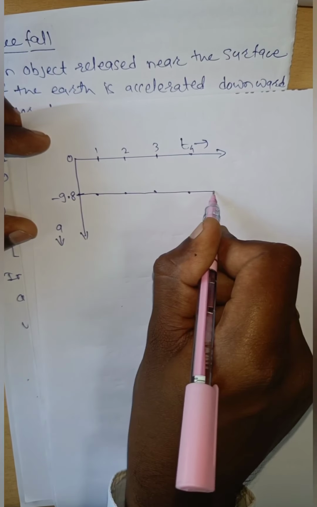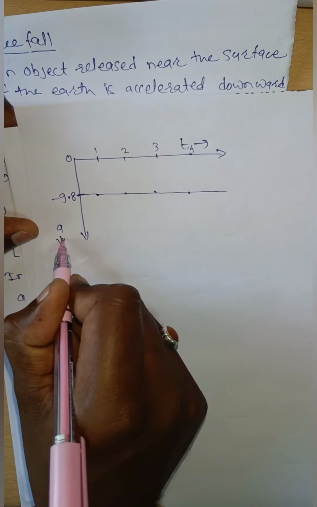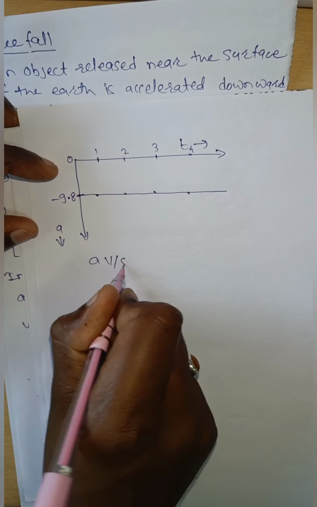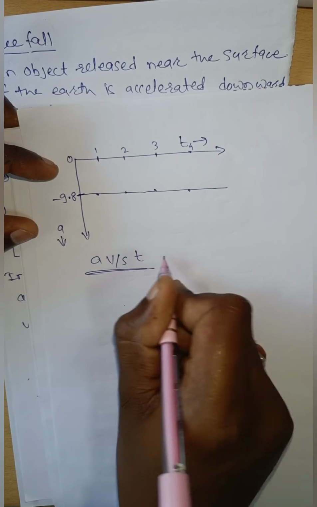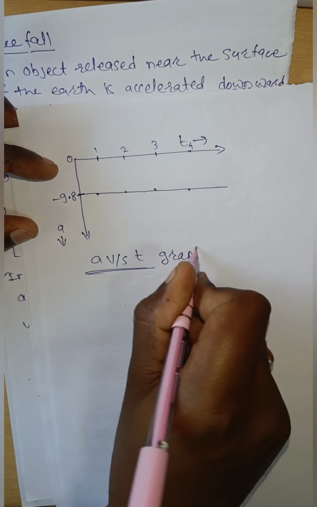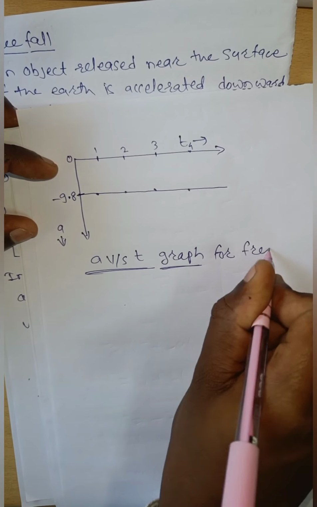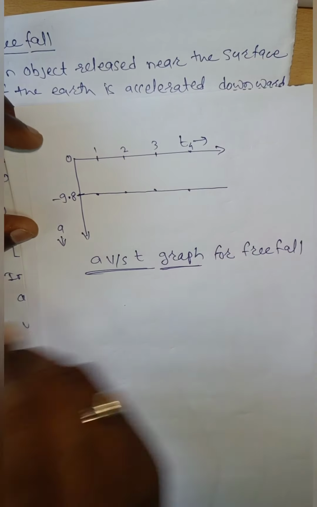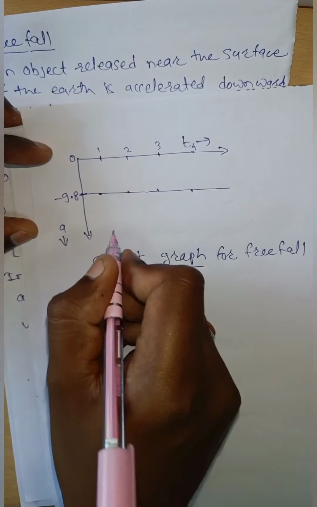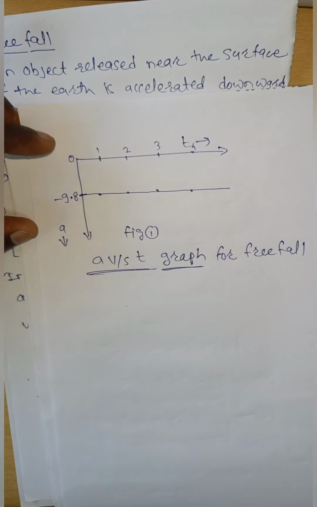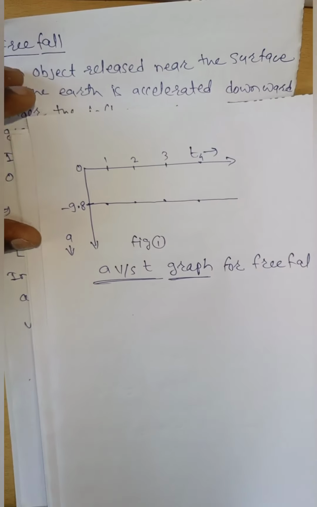This is the graph of acceleration versus time. Figure 1: acceleration versus time graph for free fall.